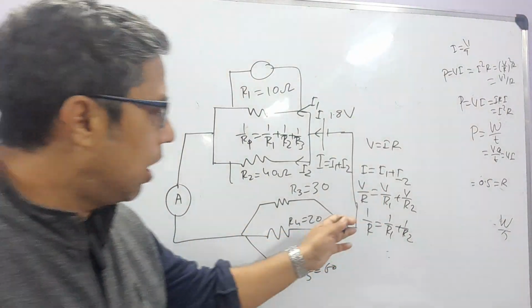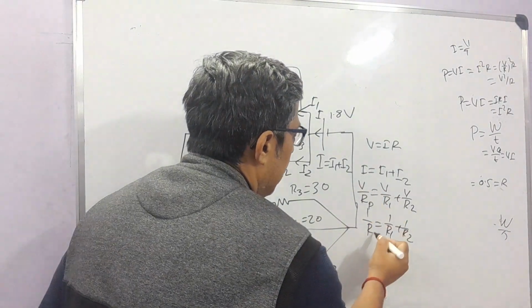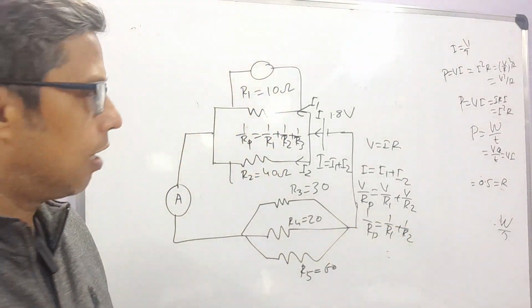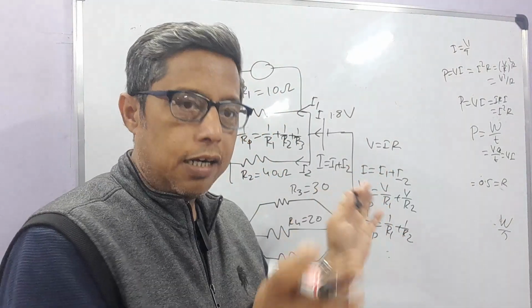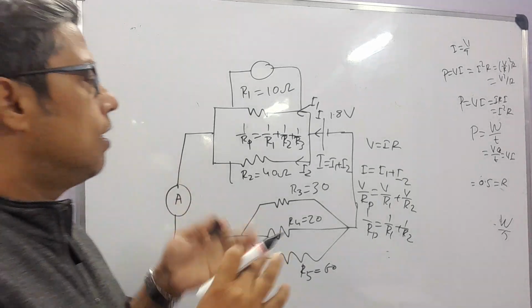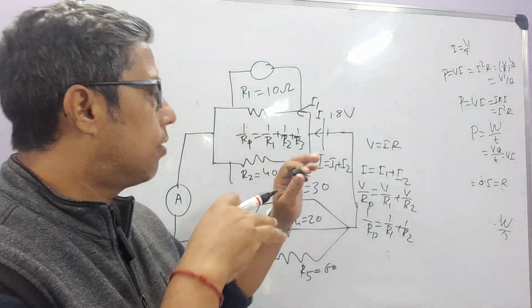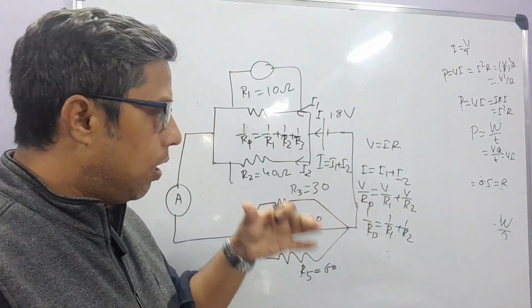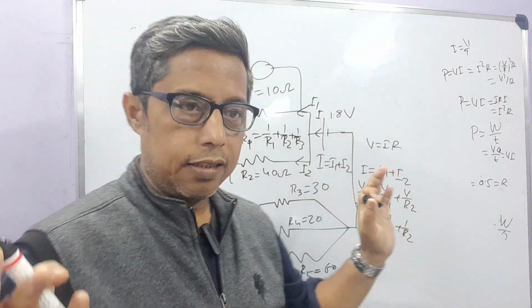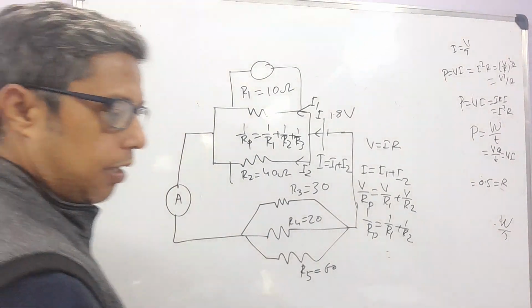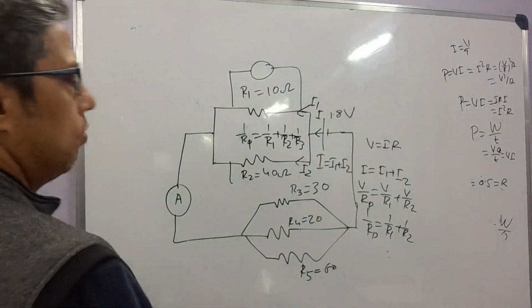So this is the way we are getting the parallel resistance in a circuit, right? So current is distributed in parallel. And series में क्या होता है? Voltage distribute होता है. If I am having 2 or 3 resistances, the voltage drop will be divided across each resistance.